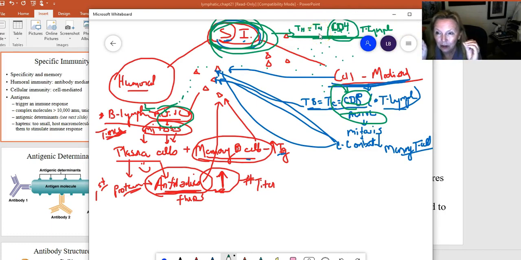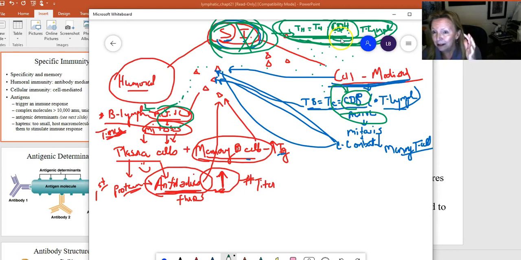Another important reason to know is that there's a virus that attacks these cells. It doesn't just attack these cells, but because it attacks these cells, we know that this virus absolutely destroys and cripples our specific immunity, crippling these two.